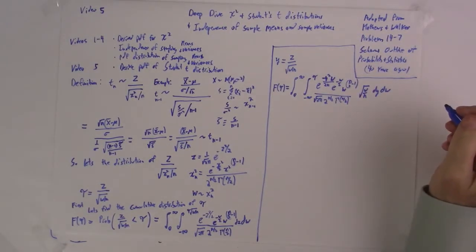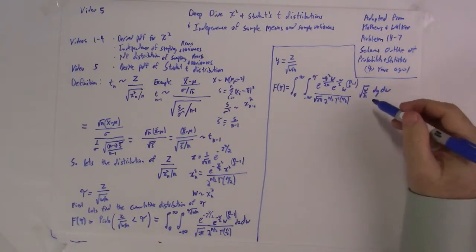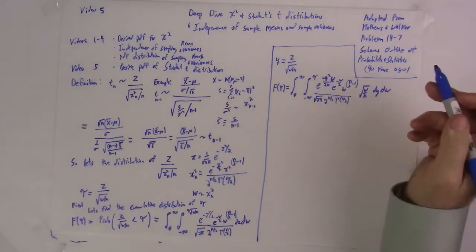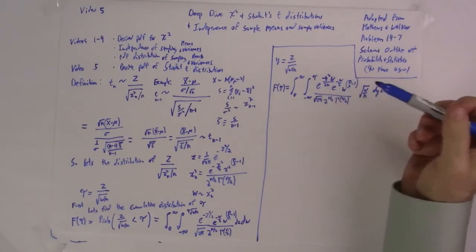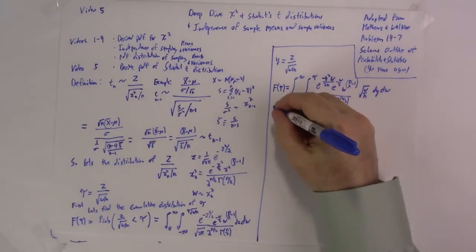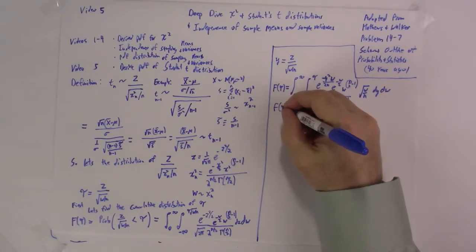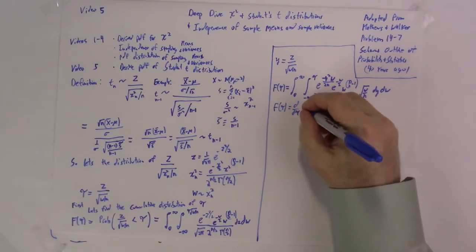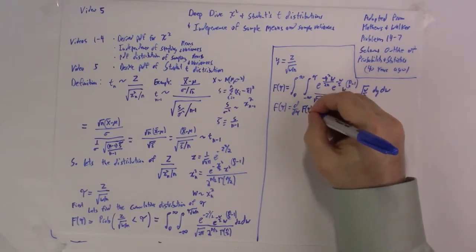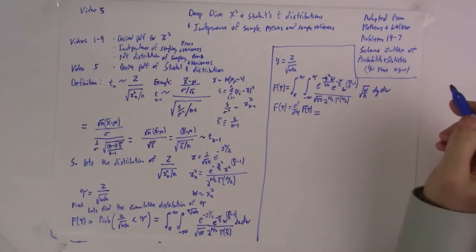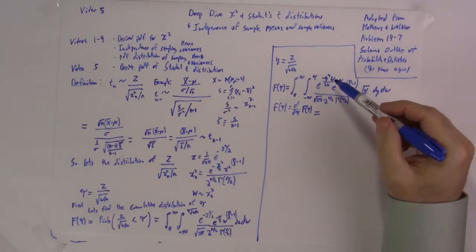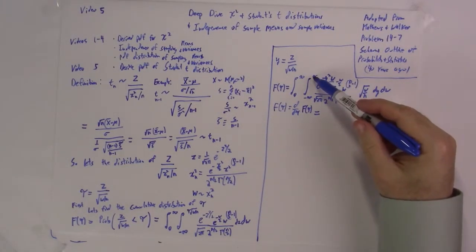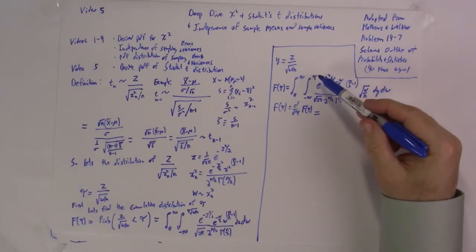Okay, now here comes the major trick. We can differentiate this with respect to tau to get the PDF. Little f of tau is equal to d d tau of big F of tau. Notice tau only occurs in one spot here, in the limit of the inside integral.